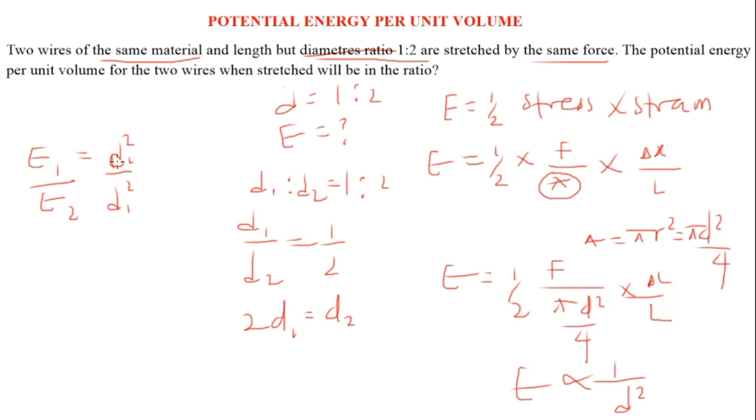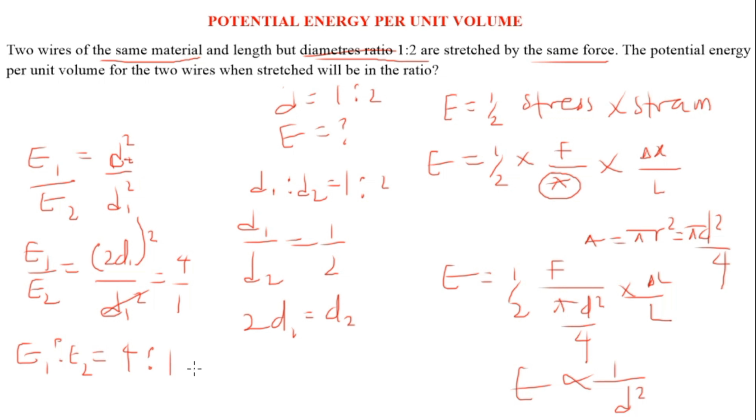So instead of D2 here, I will replace it with 2D1, so that I will have 2D1 squared upon D1 squared. So D1 squared cancels D1 squared, so that we'll have 4. So the relationship is 4 upon 1. It implies that the ratio of the energy densities is 4 to 1.